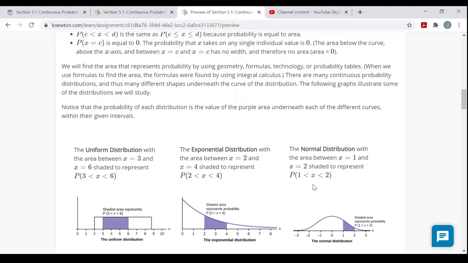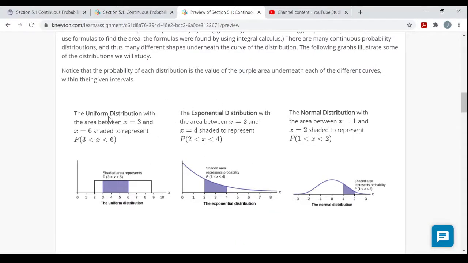We'll also come across one in a later chapter called the student's t distribution. We'll also come across another distribution called the chi-squared distribution. That's another continuous one. So normal, student's t, and chi-squared are really the only continuous distributions we're going to be studying in detail in this course. But they do mention some other types here. There's something called the uniform distribution, where the curve is just a horizontal line.